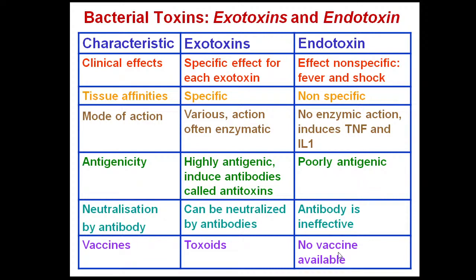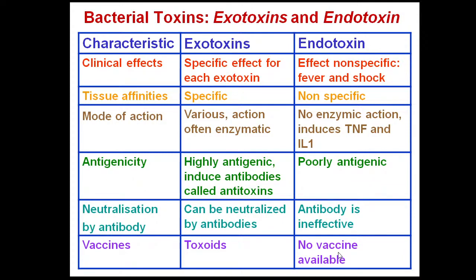But then the effects of endotoxins are not very specific. In fact, endotoxins of all gram-negative bacteria act in the same way. But regarding the different types of gram-negative bacteria, the effect can be more severe or less severe, but the mechanism is the same.